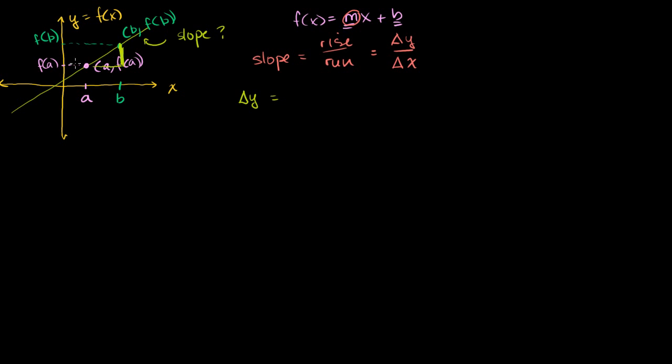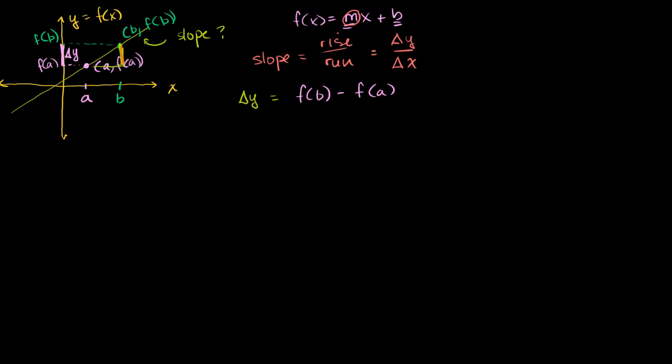That distance right there is the change in y. Or I could just transfer it to the y-axis. This is the change in y. That is your change in y, that distance. So what is that distance? It's f of b minus f of a. So it equals f of b minus f of a. That is your change in y right here.